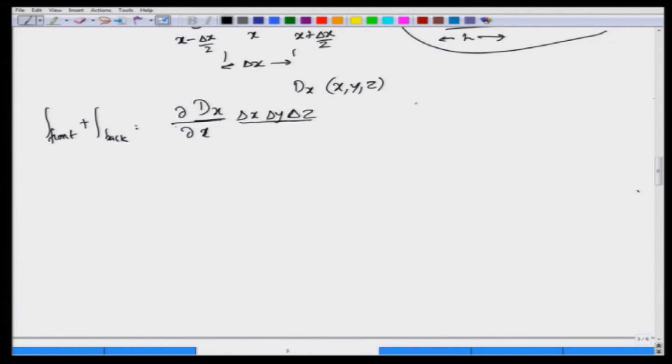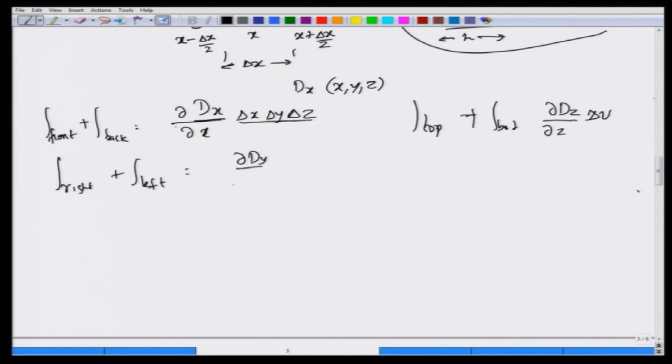Similarly, the top and the bottom surfaces are also going to give you partial derivatives. Because the top and the bottom surfaces are oriented along the z axis, this will give you del Dz by del z. The volume element delta v still remains, and then the right and the left surfaces are also going to give you a term which will be del Dy by del y multiplied by the volume element delta v.